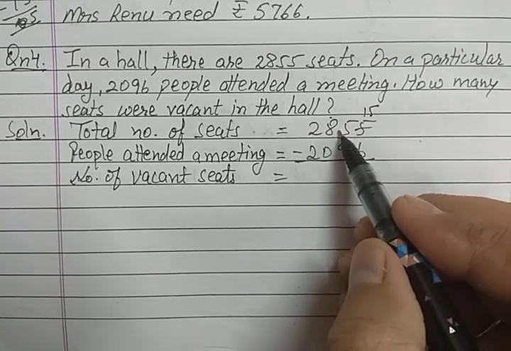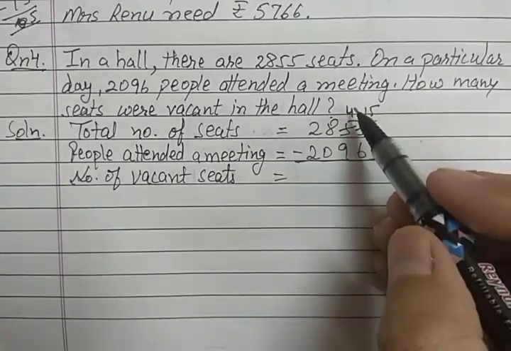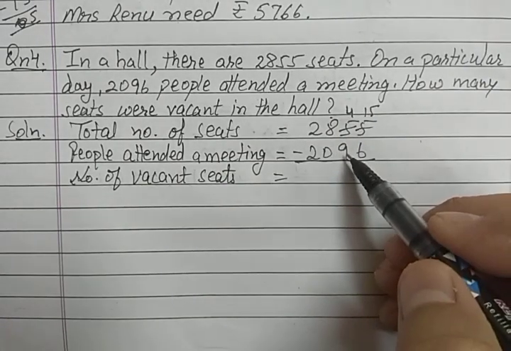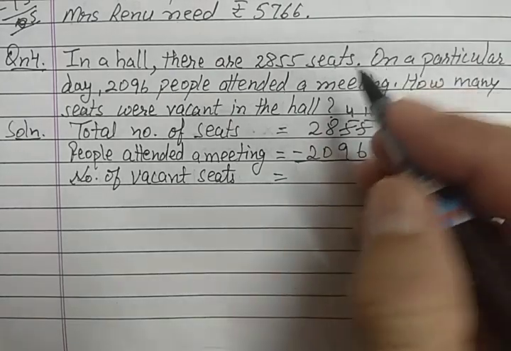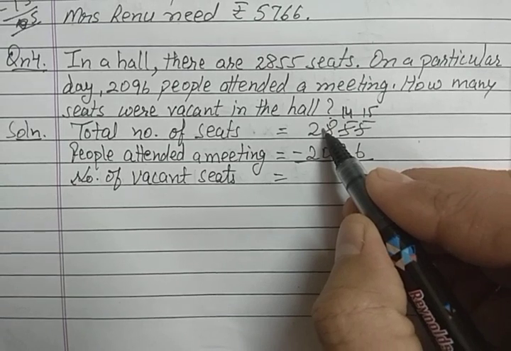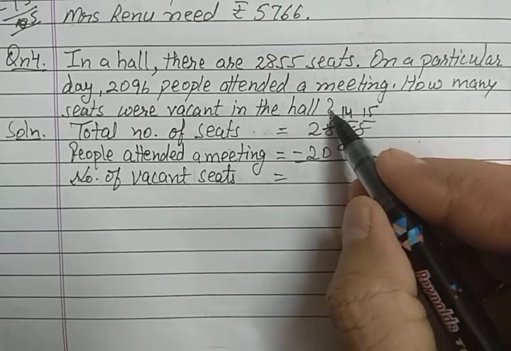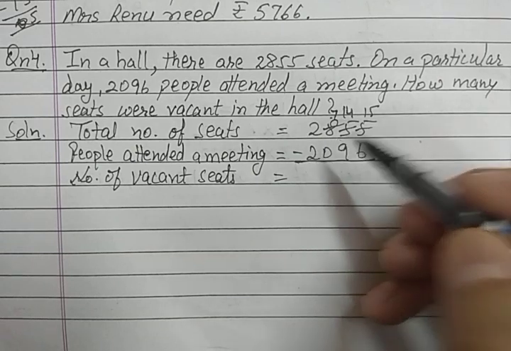Now what is left over here is 4 tenths, and 4 is less than 9, so we will borrow 10 tenths, so it will become 14, and what is left over here is 700. Now 7 is greater than 0 and 2 is equal to 0, it's fine.